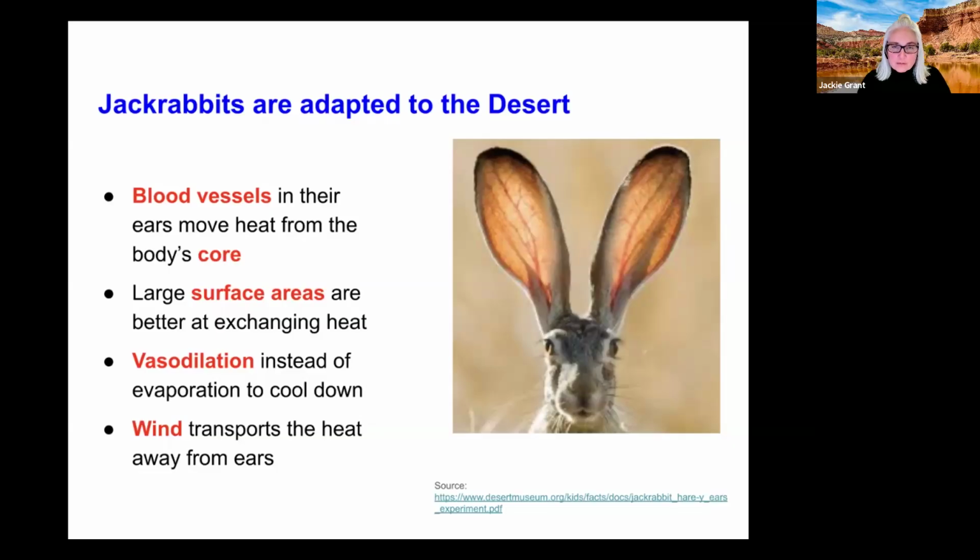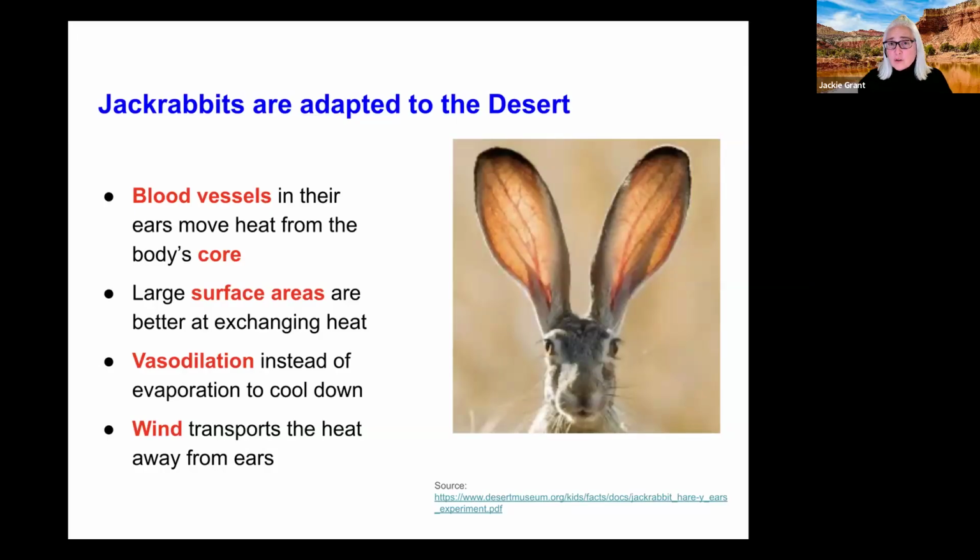The rabbit, however, does live in those cold deserts. So when it's cold, the rabbit's blood vessels will shrink and you will hardly be able to see them at all. So we call this vasodilation. And vasodilation is just when the blood vessels expand and then they will contract when the rabbit is cold. And it helps the rabbit cool down without losing moisture.